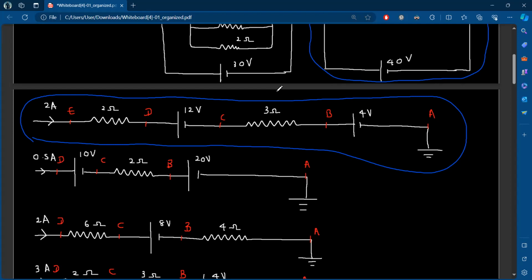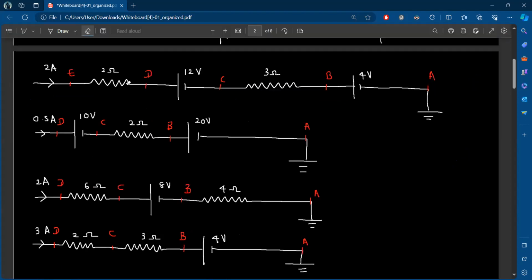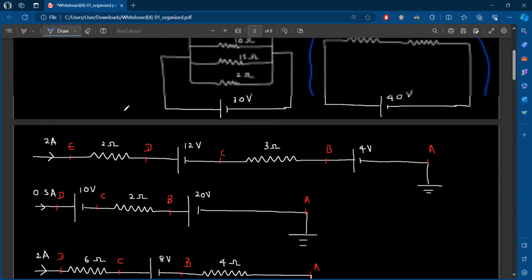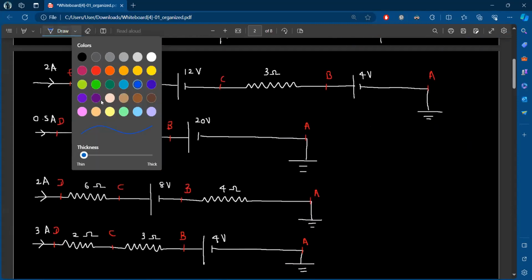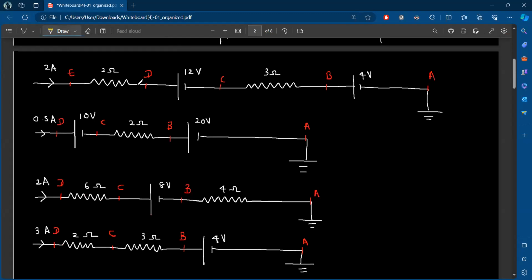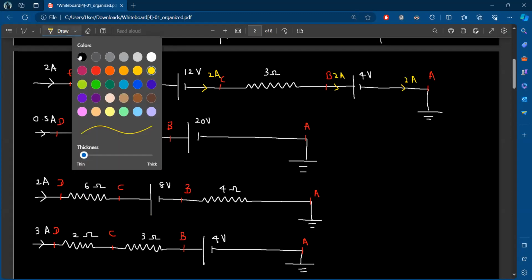A is 0 volt. Okay. Wait. First, we have to mark the current. Now the current is 2 amperes, 2 amperes, 2 amperes, 2 amperes, and 2 amperes. Now we have to mark the voltage differences.